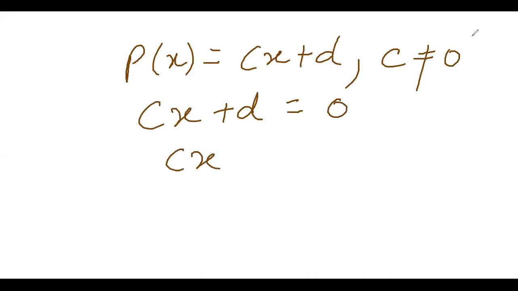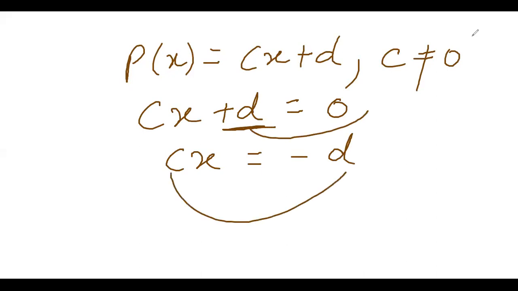Then cx is equal to minus d, right? c will be divided because d is constant here. c and d real numbers, it's mentioned, so they are constants. d को इधर ले जाओ, 0 minus d, minus d. Then take c to the right hand side; it will be minus d upon c. That means if you put x is equal to minus d upon c, then the polynomial will be 0, right?